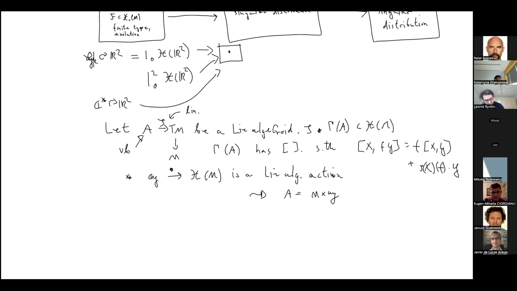If we have a Poisson tensor, so a bivector field with certain properties, then T star M becomes a Lie algebroid with the anchor given by pi sharp. It turns a covector into a vector.